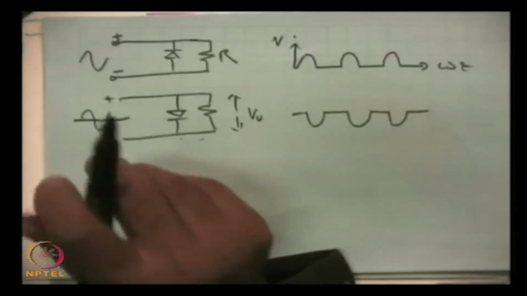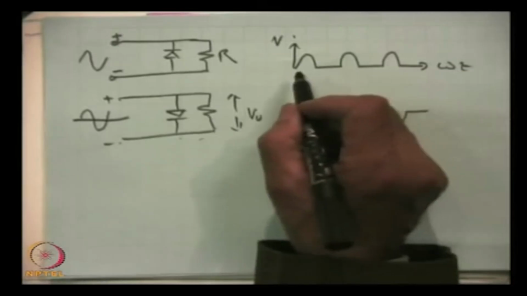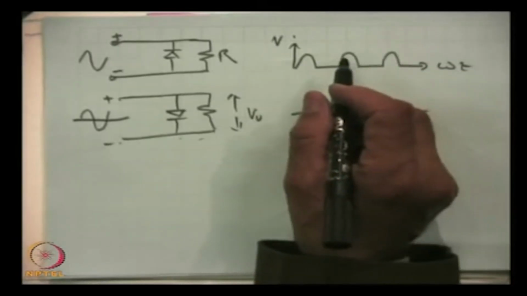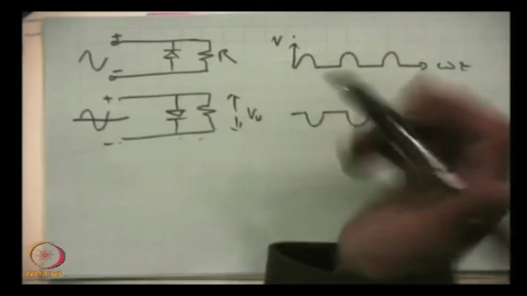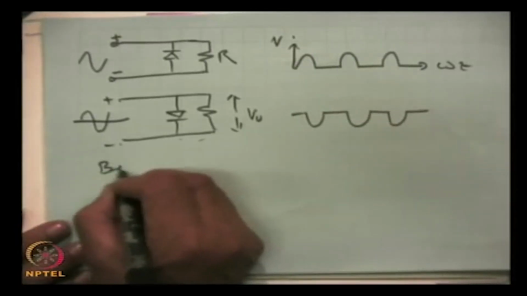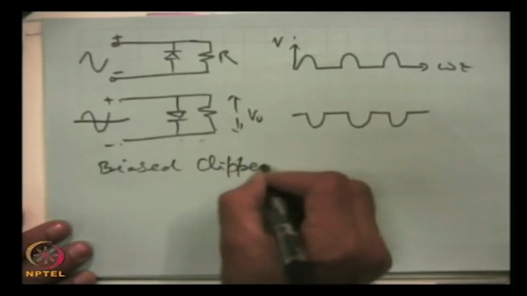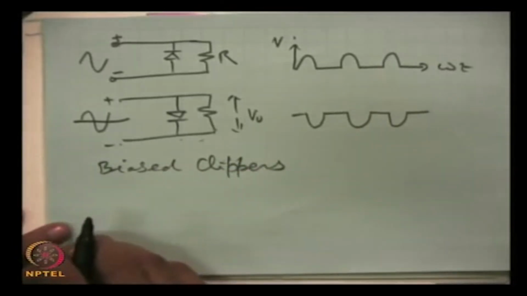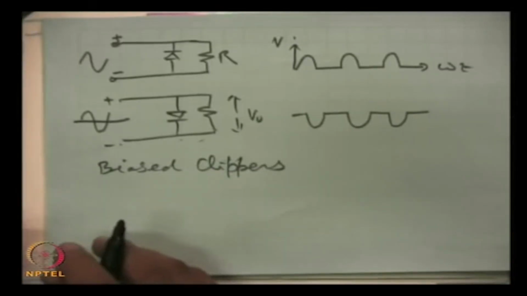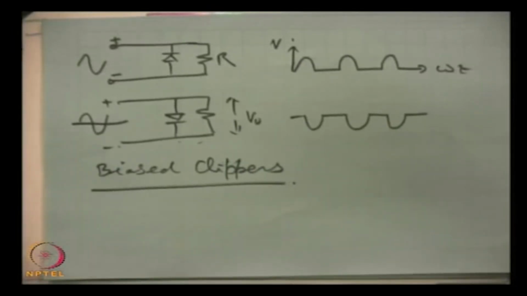Now, in these clipping circuits we were clipping one portion completely, but this is not always the case. We can use biased clippers, in which we can choose which portions we want to clip.